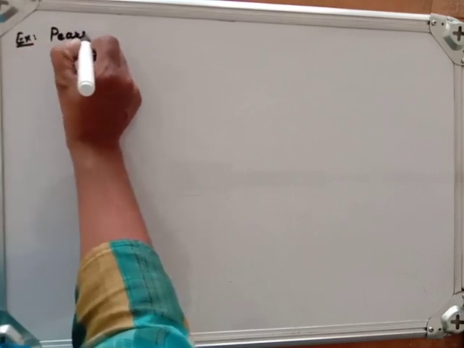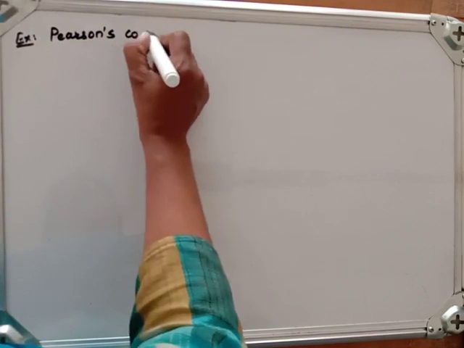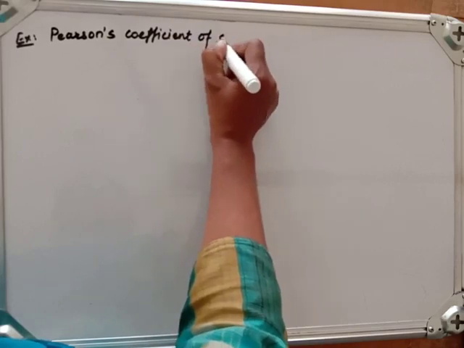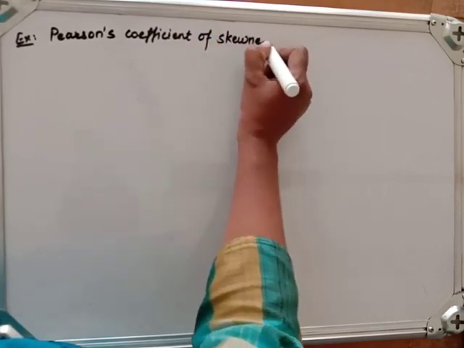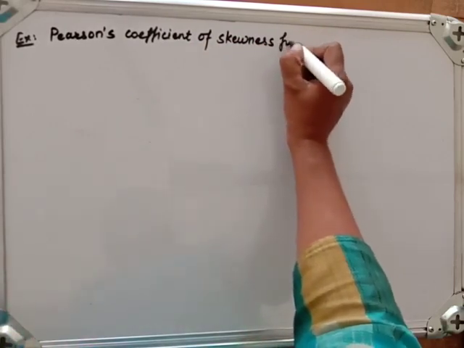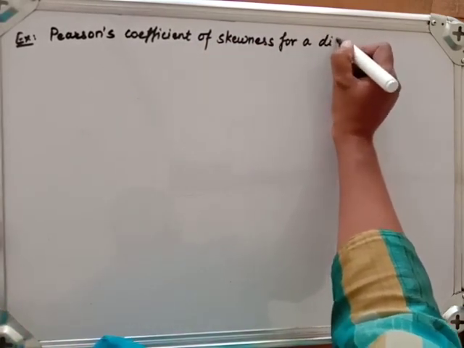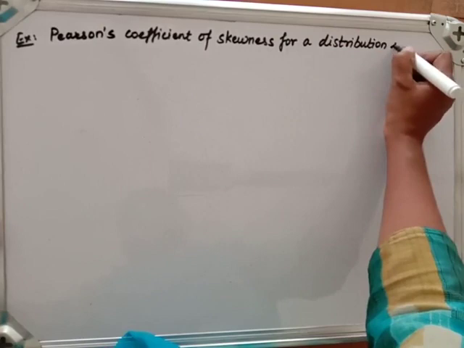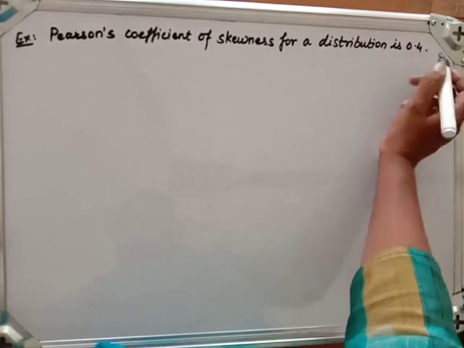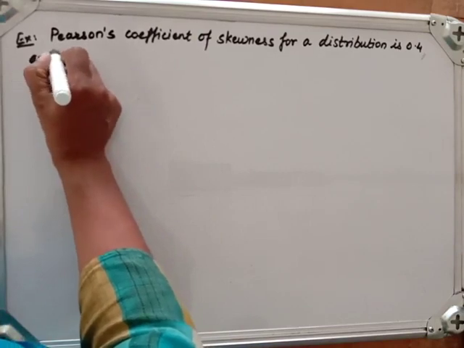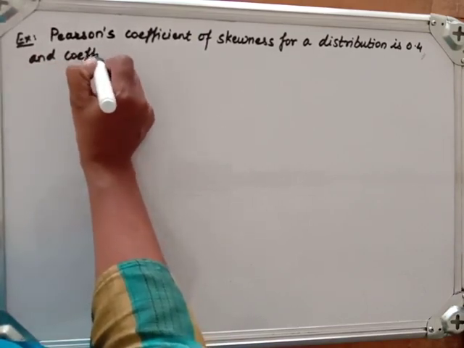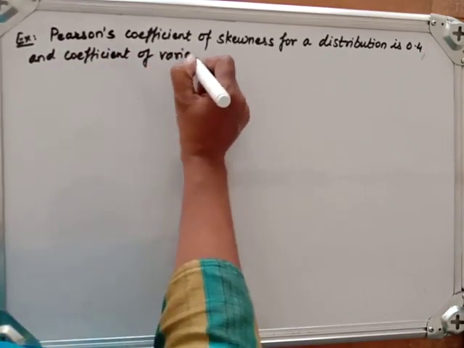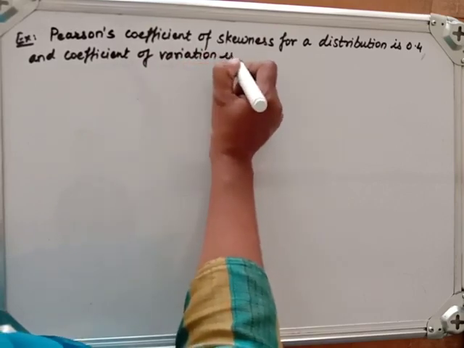Pearson's coefficient of skewness for a distribution is 0.4 and coefficient of variation is 30%.